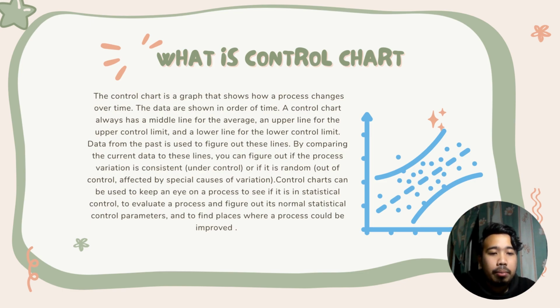A control chart can also be used to keep an eye on a process to see if it is in statistical control, to evaluate a process and figure out its normal statistical control parameters. This is also to find places where a process could be improved. Control charts can be used to keep an eye on both variables that change over time and those that don't.